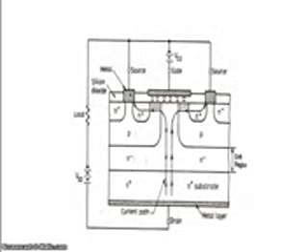Now when the gate terminal is made positive with respect to source, an electric field is established and electrons form an N channel in the P region. That is the P region here. So these two.